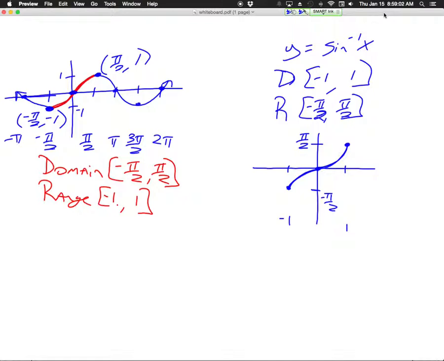Okay, so far we need our 9 special angles in front of us. We need the domain and range for inverse sine, and we need the graph of inverse sine. Okay, we're getting ready to use that on our next step.